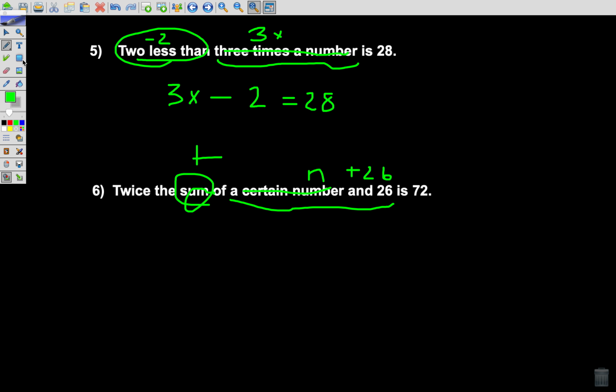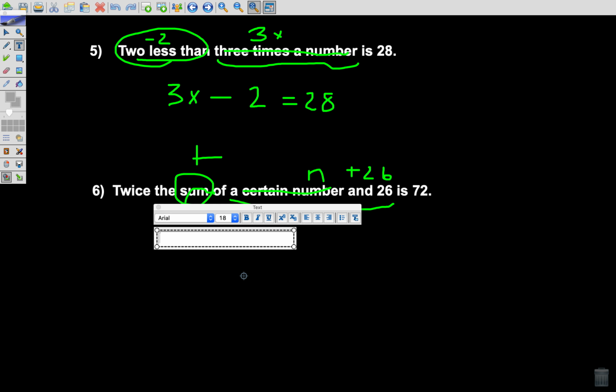Now we're saying twice that. Let's get our text box open. So we have n plus 26, and we're doing 2 times that whole quantity. So 2 times n plus 26, and it's going to equal 72.